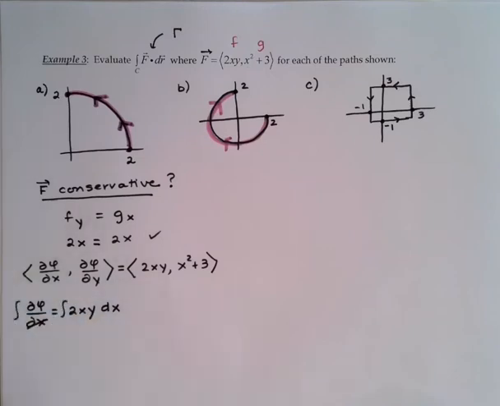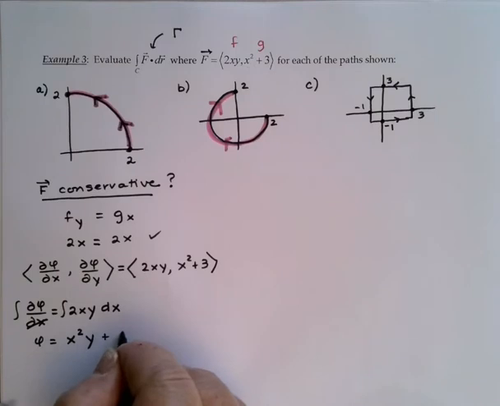And doing that integral, phi is the integral of 2x, which would be x squared times the constant y, plus a constant that could depend on y.